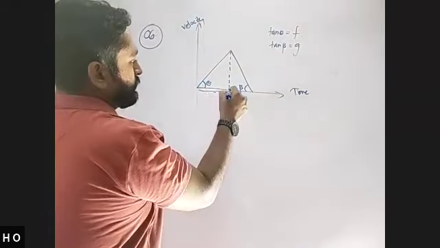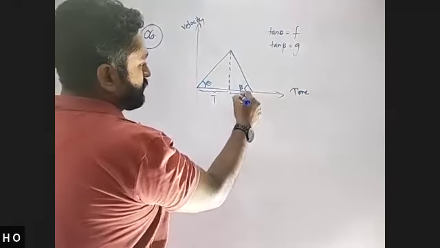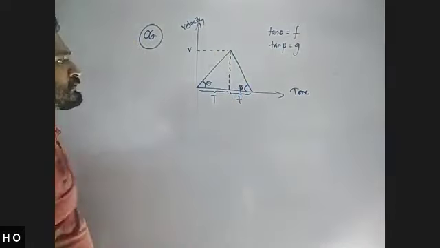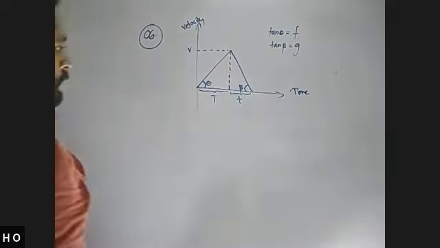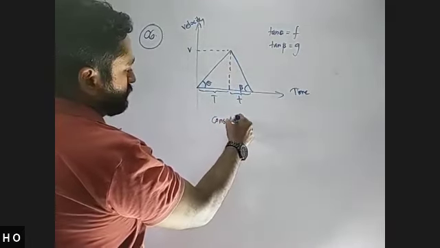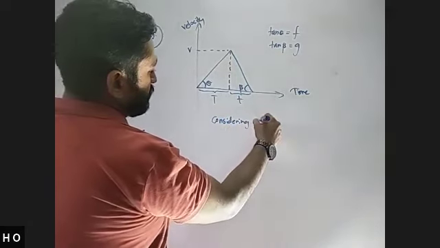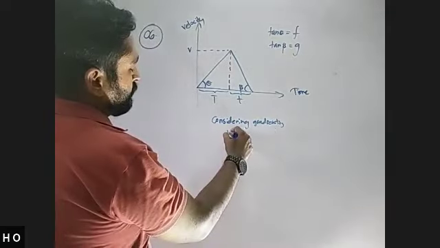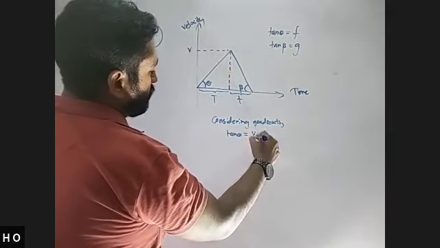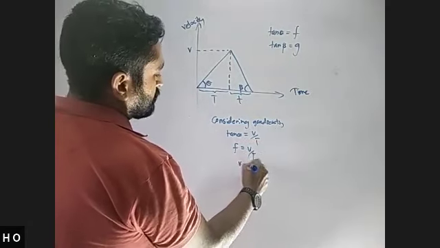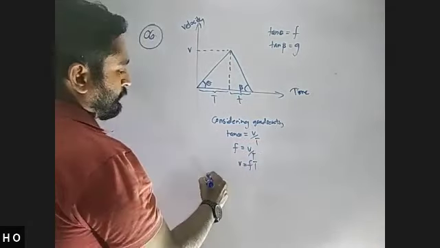By the way, this is capital T. Let us consider it as a symbol. We don't know about this velocity. Let us bring that v. So considering gradients, tan theta is going to be v over T. If tan theta is f, v is going to be fT.